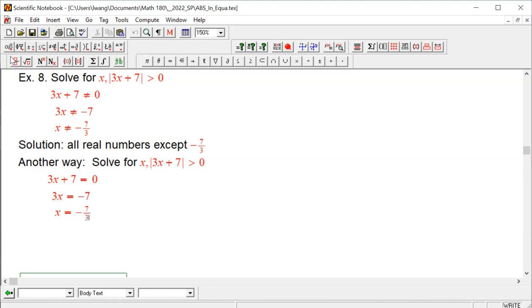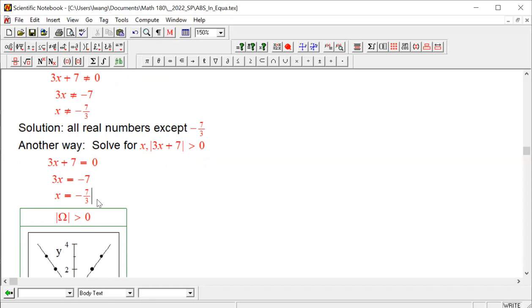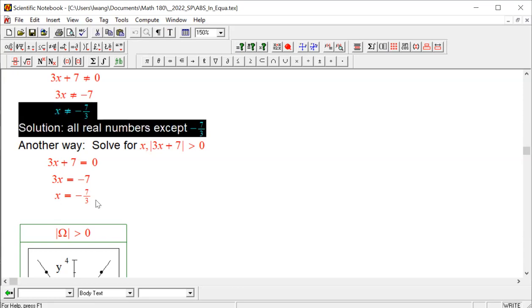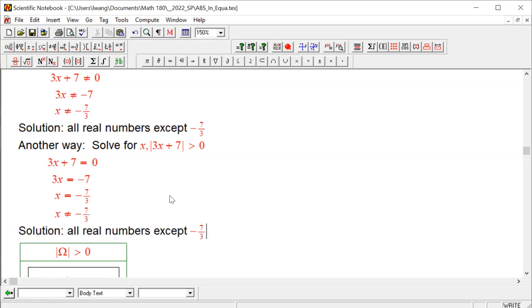You need to know what you're doing. What are we doing? We are trying to identify that number x such that the absolute value of omega is equal to 0, and we exclude it. So in the end, you express your solution the same way.